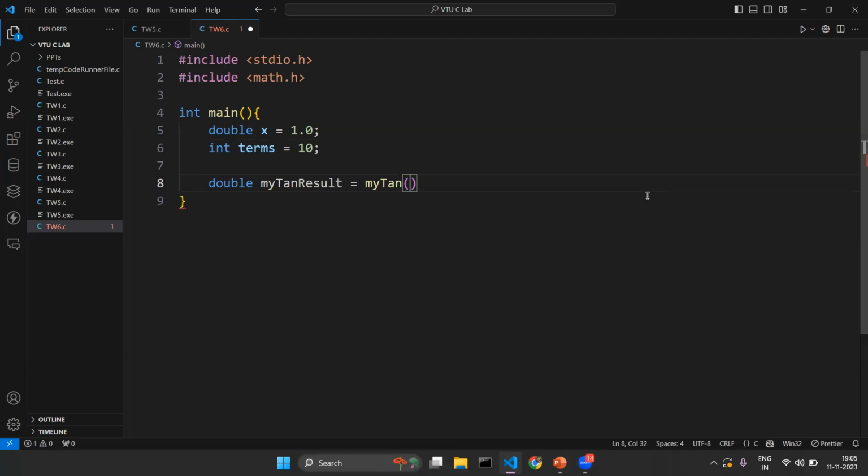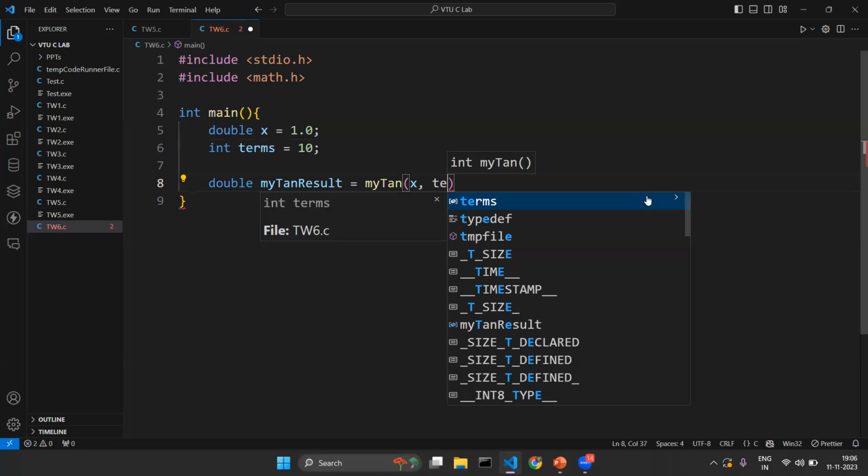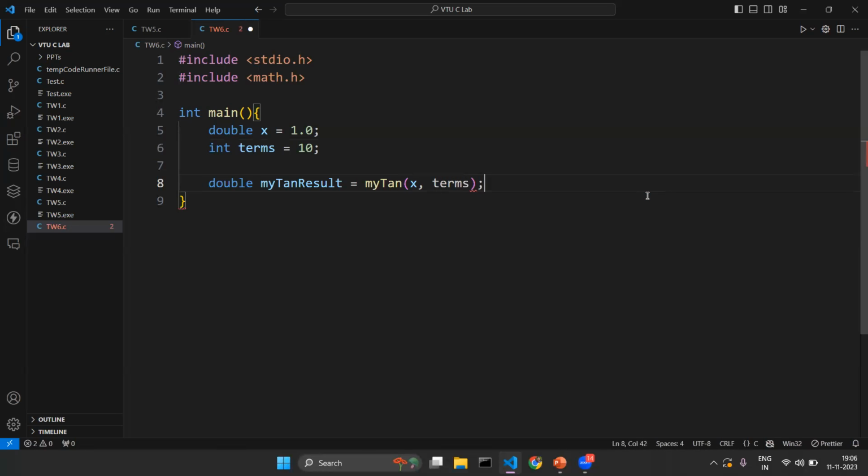I will say my tan, which takes two parameters: x, that is the value for which the Taylor series expansion of tan of x is to be found, and the number of terms is also needed, because the program can calculate for only finite terms. It cannot calculate for infinite terms. So we need to specify the number of terms also.